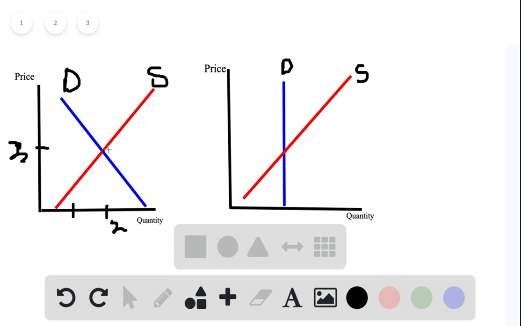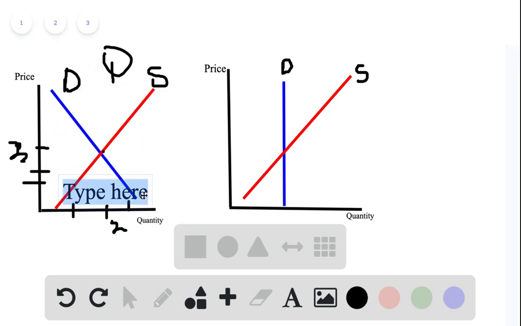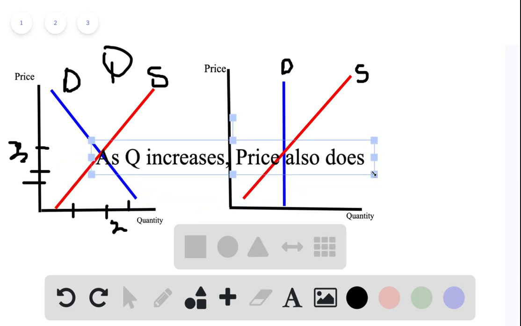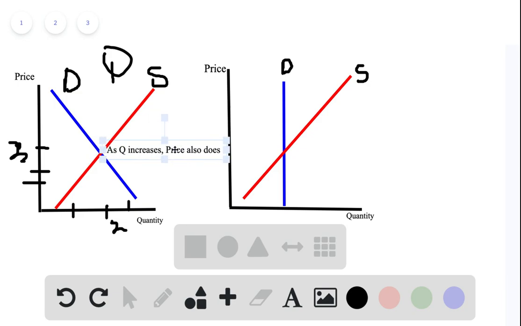As quantity increases, you go 3, you go 4, whatever, your price ultimately would come down. So on this graph here, as quantity, sorry about this handwriting. Let's try typing instead. As Q increases, price decreases.